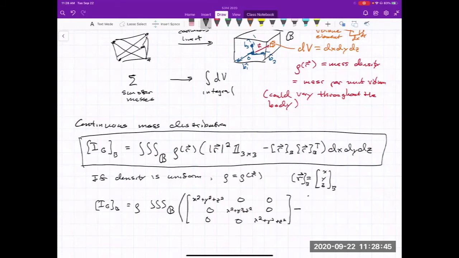Minus, and then if you work out what this R times R transpose is, you get a 3 by 3 matrix that looks like X squared, XY, XZ, XY, Y squared, YZ, XZ, YZ, Z squared. And what are we integrating over? dx, dy, dz.